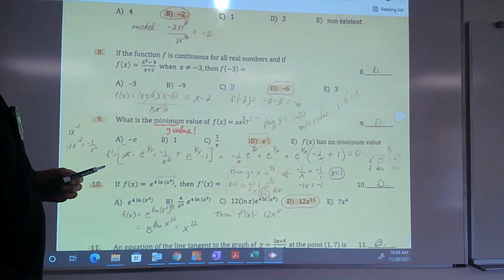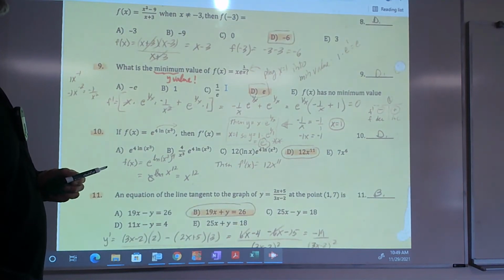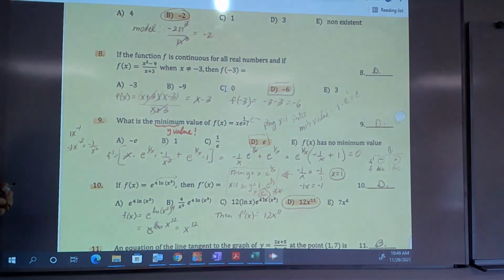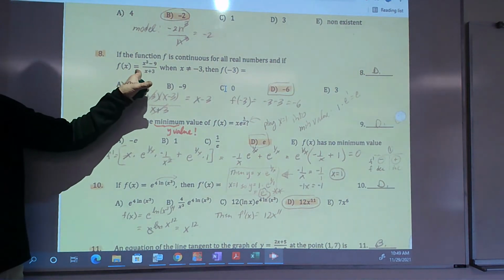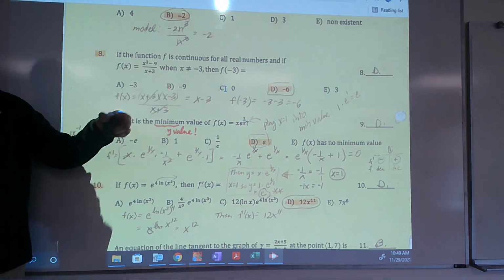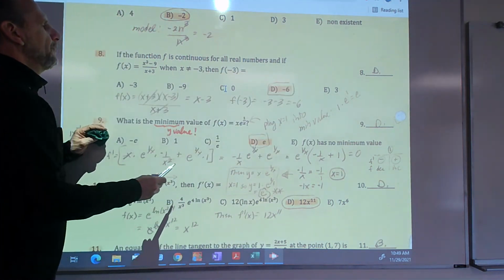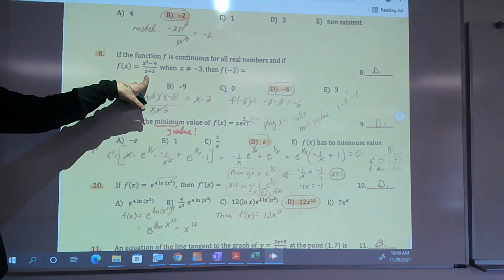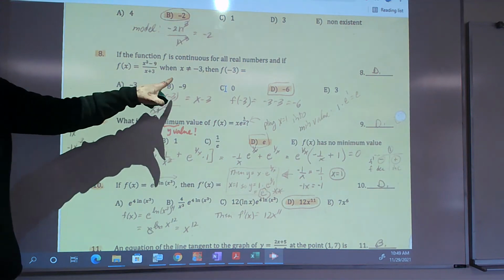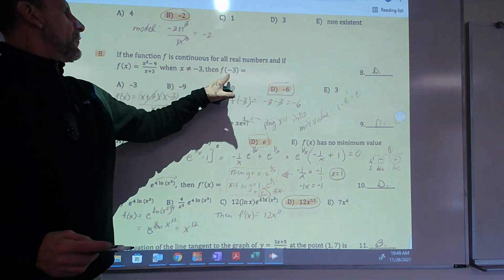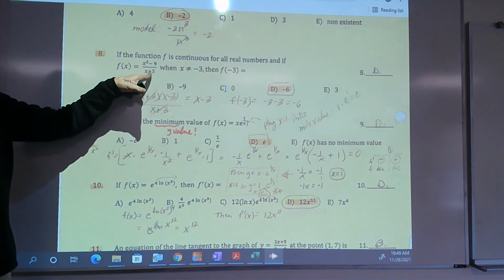Did that one. All right, this has been a long time since we did this, but an easy one. This is chapter 2. It says if a function is continuous for all real numbers, then they wrote this. What is it when you plug in -3? Well, when you plug in -3, you get a 0 on the bottom.